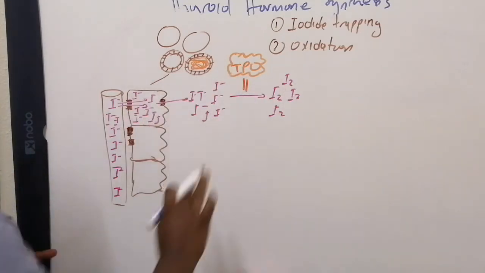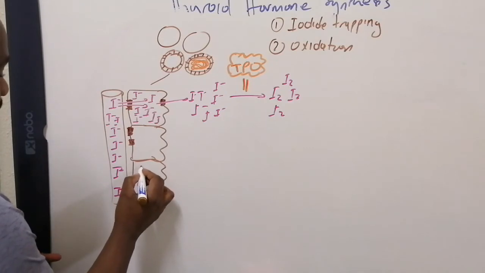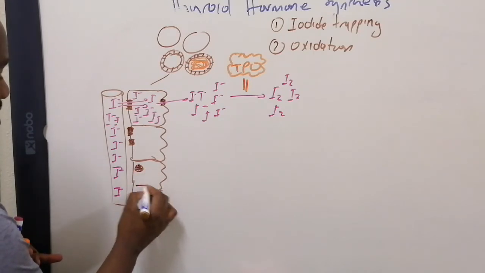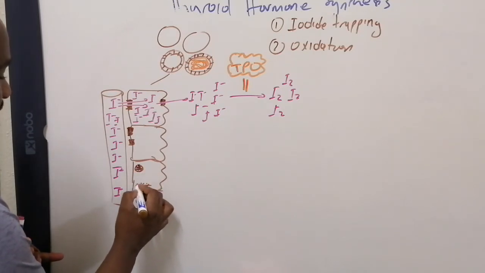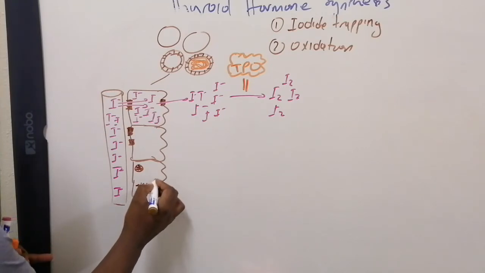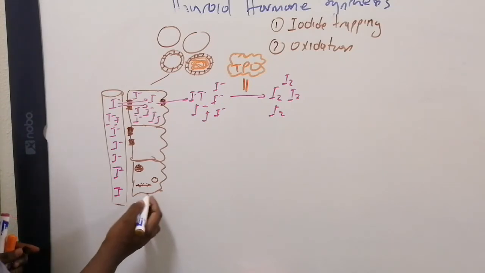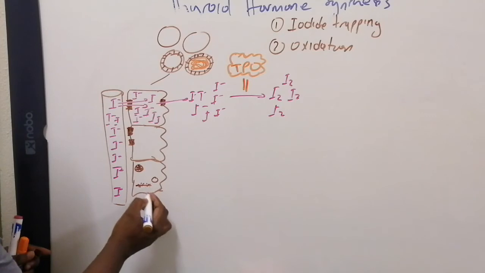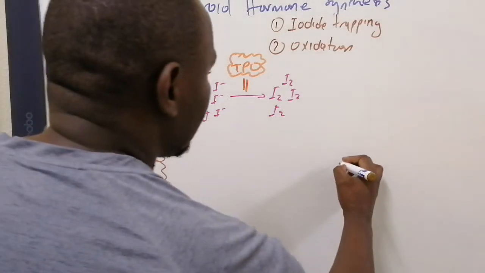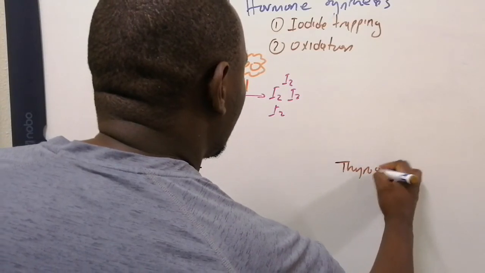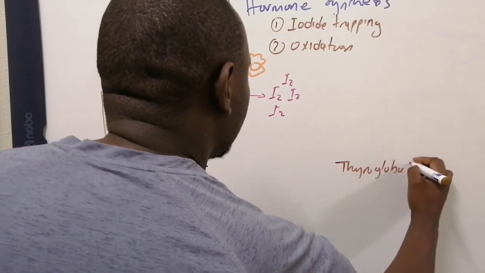So while all of that is happening, the thyroid cells, again remember inside the cell there are organelles, the nucleus and your rough endoplasmic reticulum and the Golgi apparatus. The rough ER, as we know, is a site of protein synthesis. So there's a protein that is produced here, and this protein is called thyroglobulin.